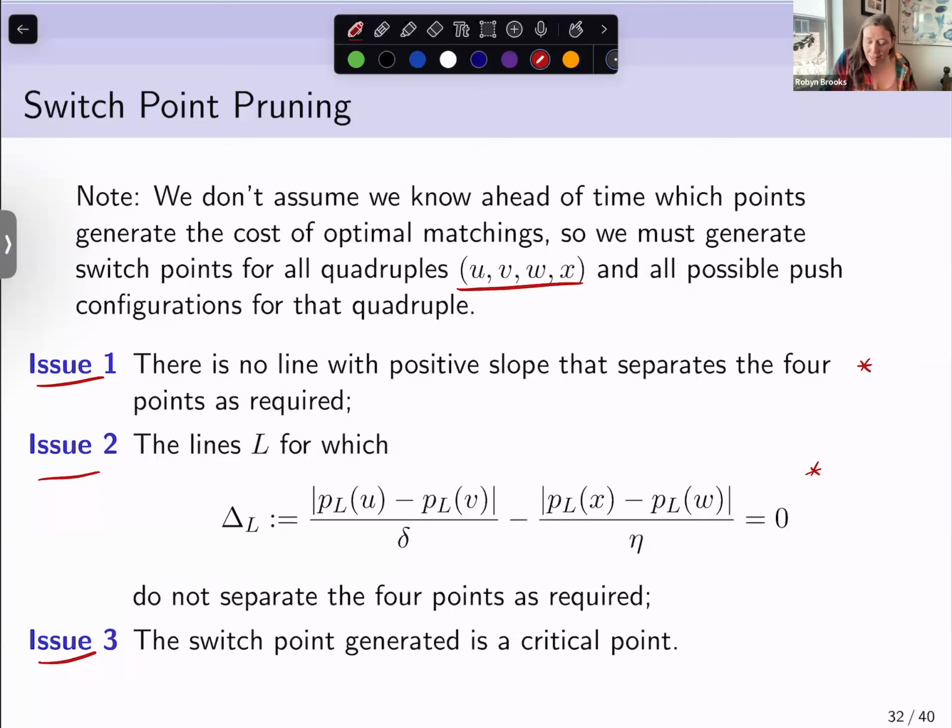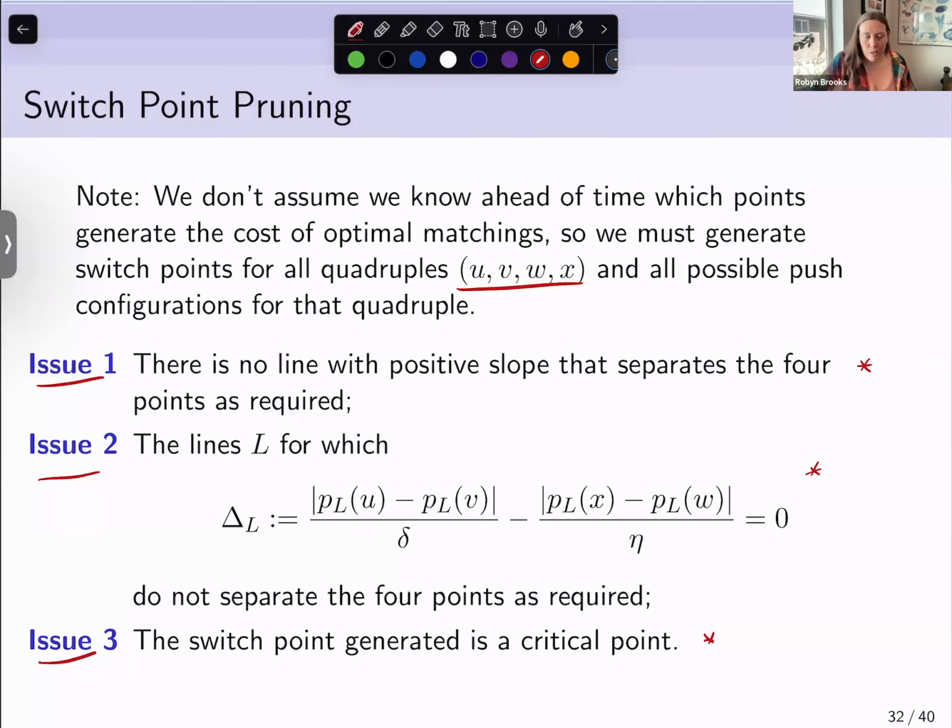And then issue 3 is the easiest one. Sometimes when you make a switch point, it gives you a critical point or a switch point you already had, so you have to throw that out, obviously. So this is the content of our implementation paper. We have several different push configurations, and then we have these 3 issues, and we're addressing and implementing in our algorithm ways to prune points that have these issues.